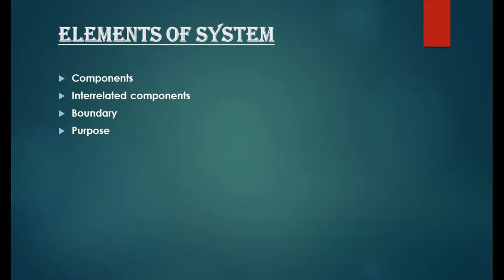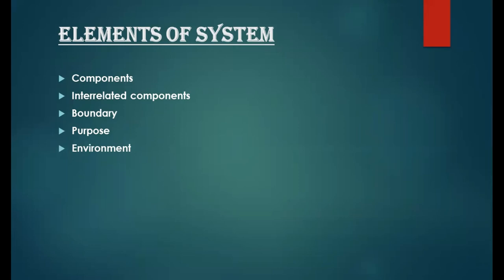Next, we come to the elements of a system. Now, let us discuss what a system is made up of. A system is made up of different types of components. These components are interrelated, that means they are interconnected, because the flow of information has to be there within these components, which makes these components function and activate all that functionality so that the output may be derived out of that system.